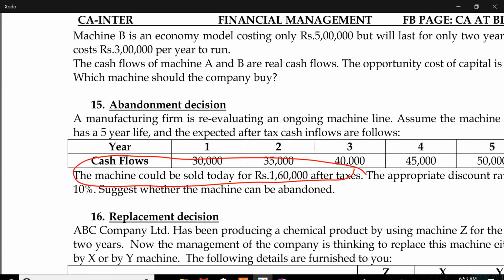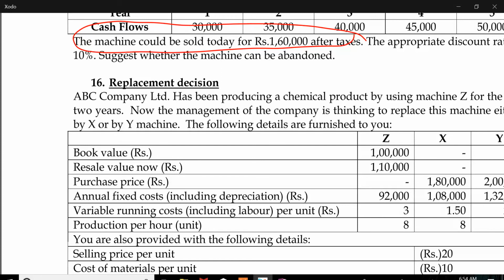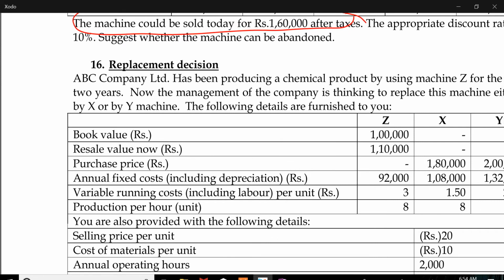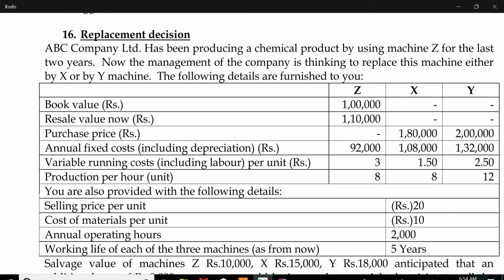Let's now start with this question. Go through question 16.